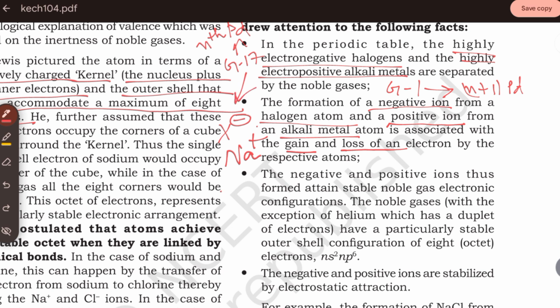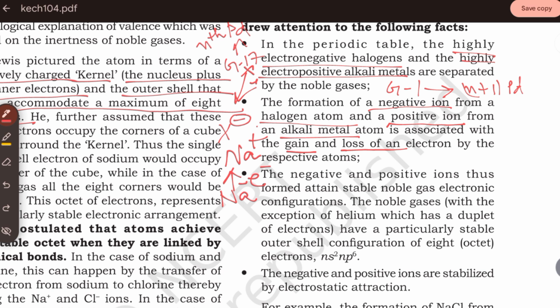Now sodium, on losing 1 electron, will get Na plus, meaning it gets the previous noble gas configuration. Halogen X, gaining an electron, gets the noble gas configuration corresponding to the same period.